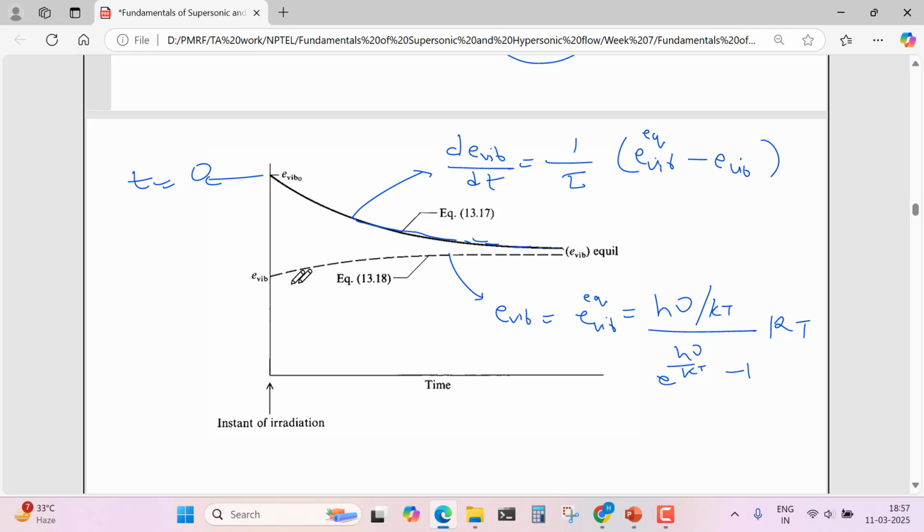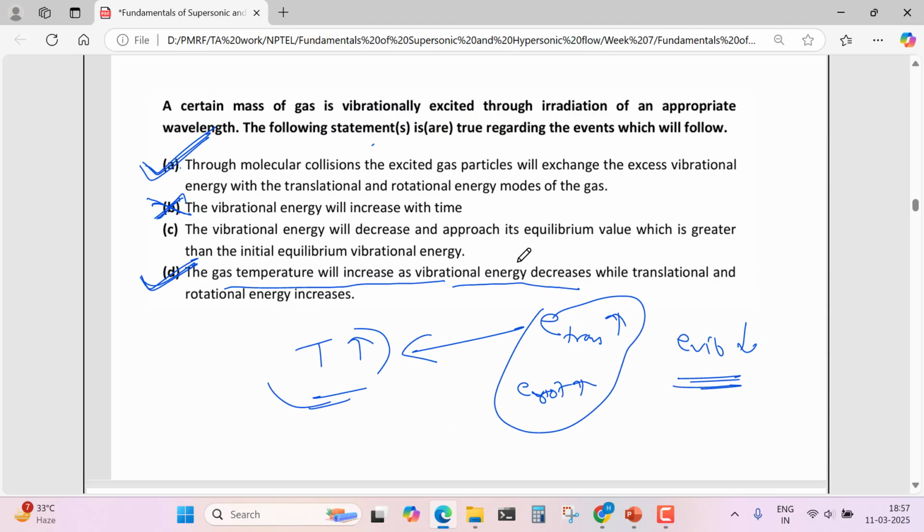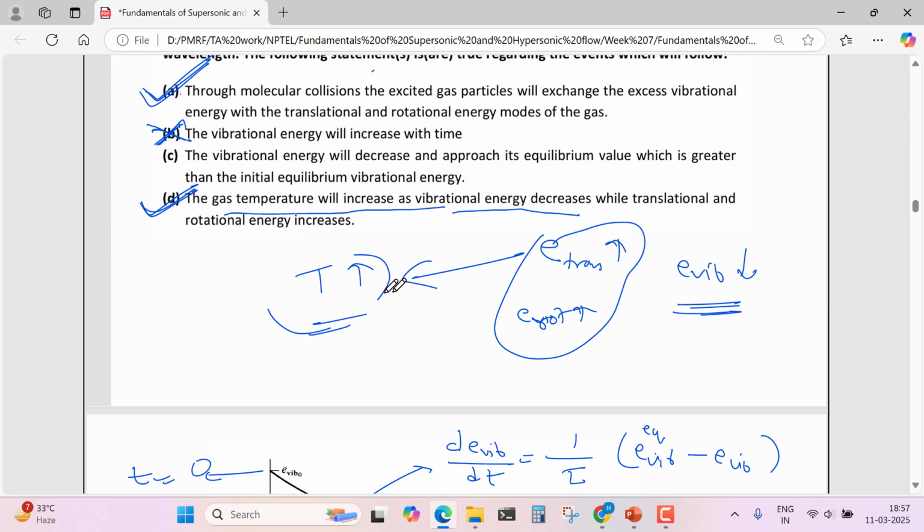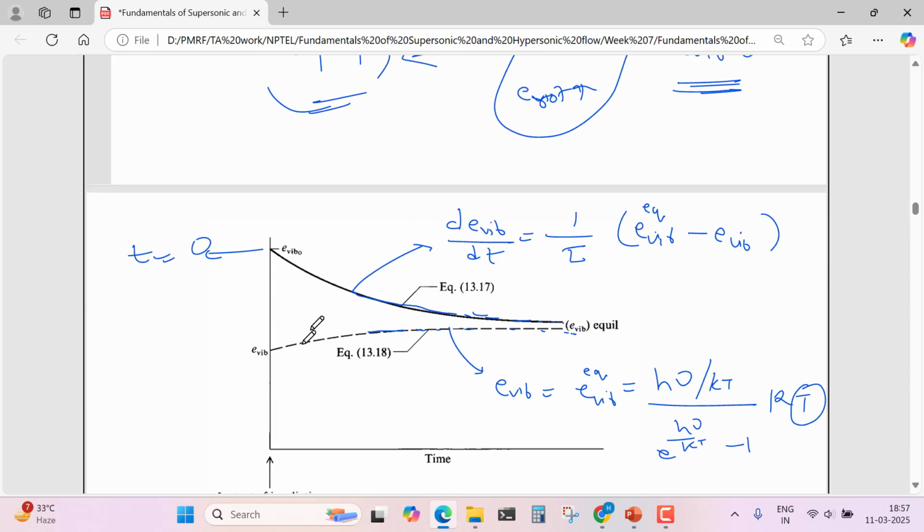And what happens to vibrational energy? You can see that the equilibrium vibrational energy depends on temperature. So as the translational mode energy increases, the equilibrium vibrational energy will also increase, and it will reach a final equilibrium value. This was the initial equilibrium vibrational energy, but the final equilibrium vibrational energy is greater than this value.